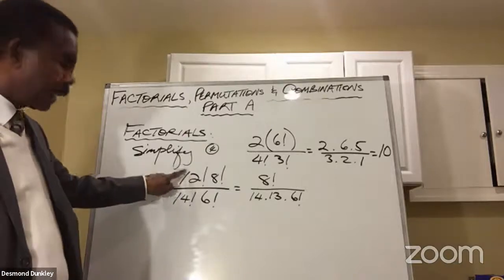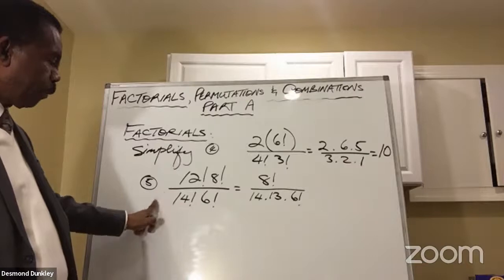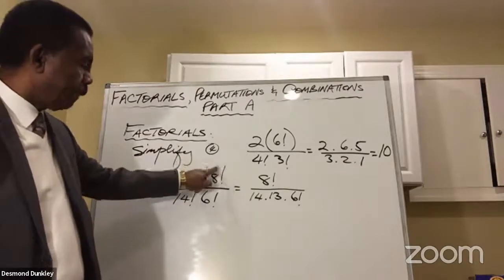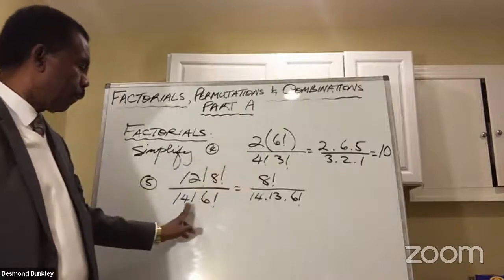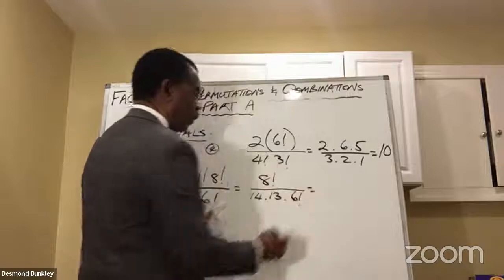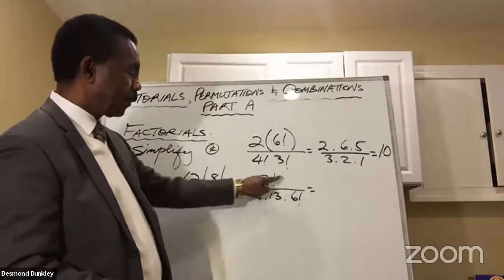Again, 12 factorial cancels the last 12 items. So we're left with 14 and 13 from here. So now we have 8 factorial left on top, and we have the 14 and 13 times the 6 factorial. So now the 6 factorial cancels the last 6 of 8 factorial.